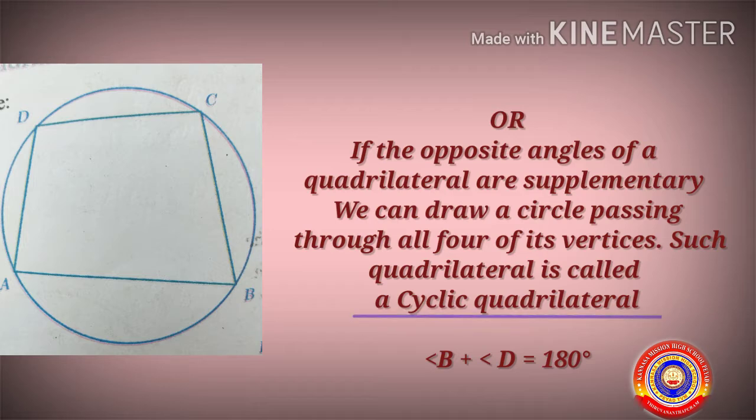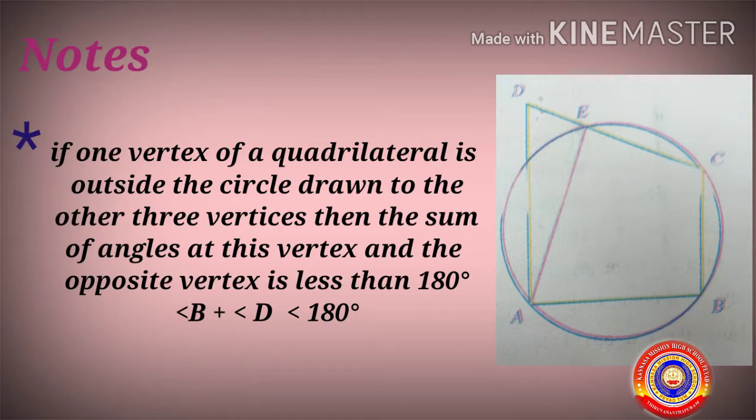Here, angle B plus angle D equals 180 degrees, opposite angles. Also, angle A plus angle C equals 180 degrees. If one vertex of a quadrilateral is outside the circle drawn through the other three vertices, then the sum of angles at this vertex and the opposite vertex is less than 180 degrees. Here, D is outside the circle, so angle B plus angle D is less than 180 degrees.